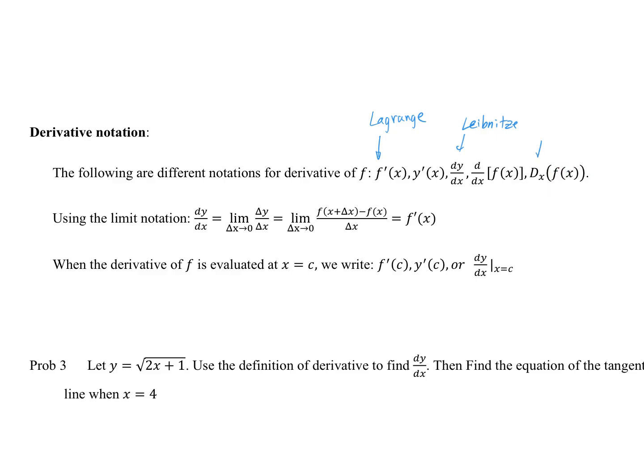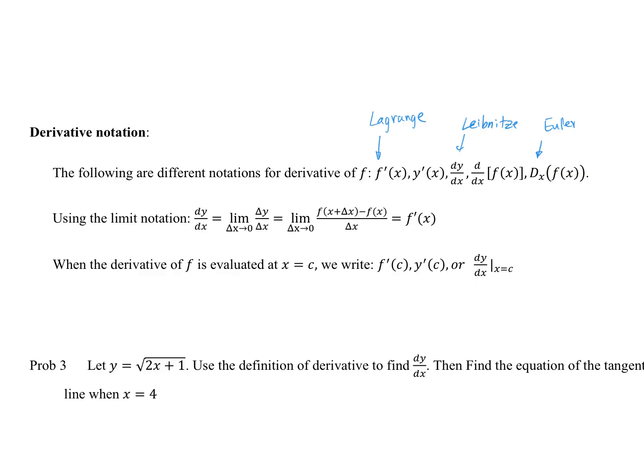And this actually is the Euler's notation. So these are pretty popular. In this class, mostly you will see that, but sometimes in other classes, for instance differential equations and Calc 3, you will see that kind of notation sometimes.